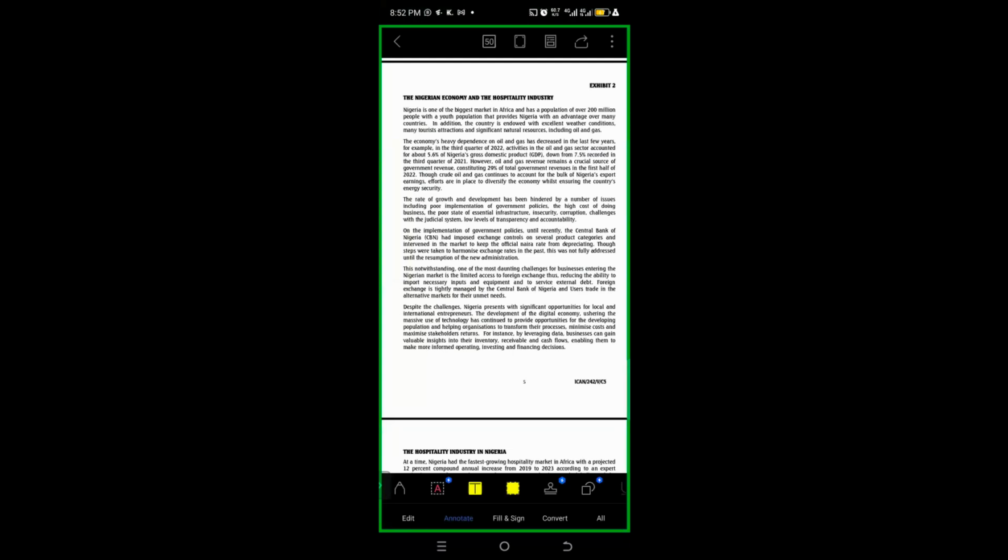And if there is a lot of opportunity where tourists come in, you find out that it will yield a lot of income to Travex Hotel, which I think increased their revenue during the time in view. And secondly, I also went down, the rate of growth and development has been hindered.